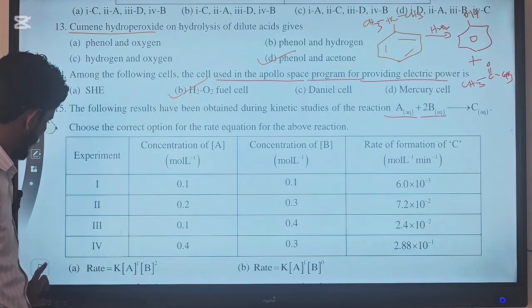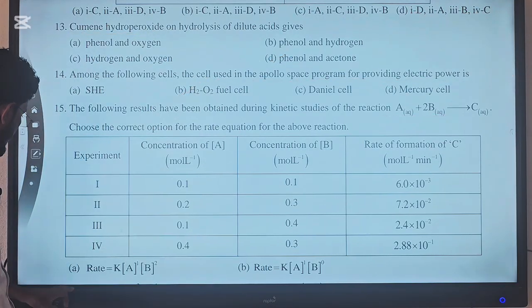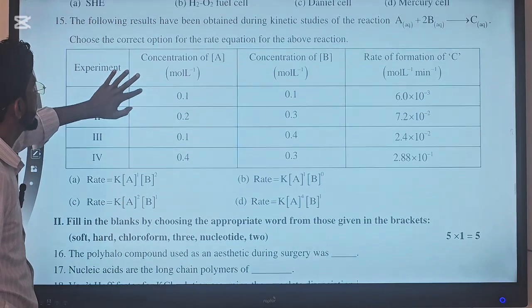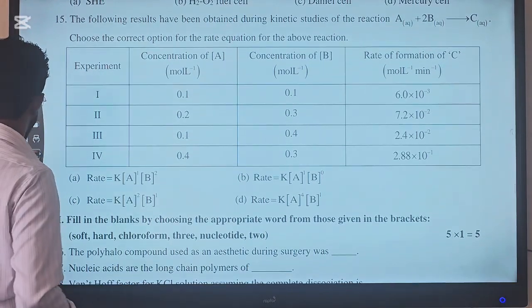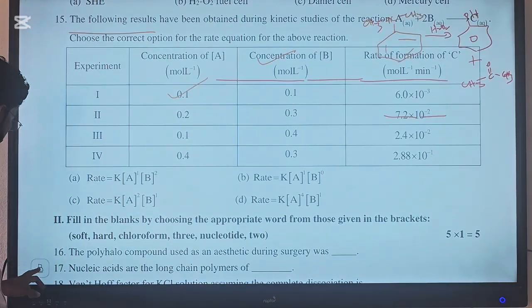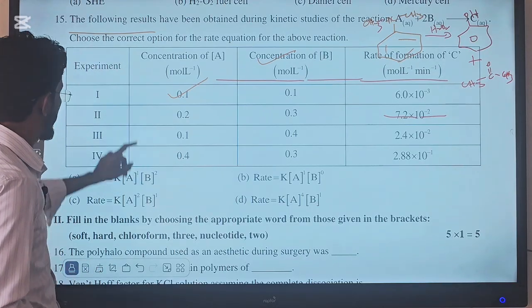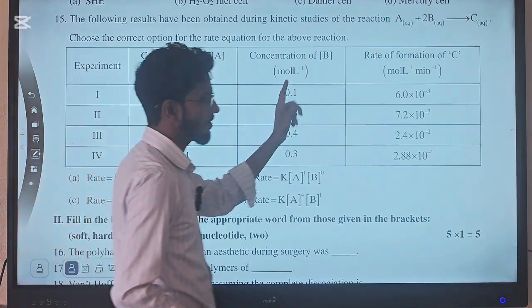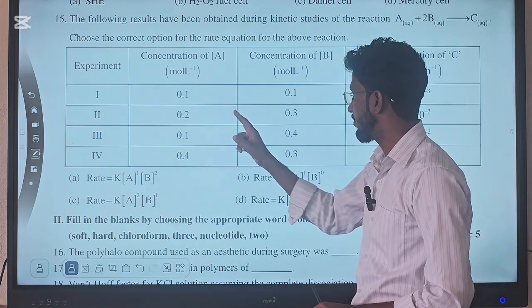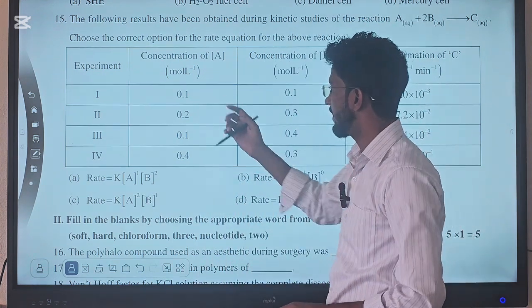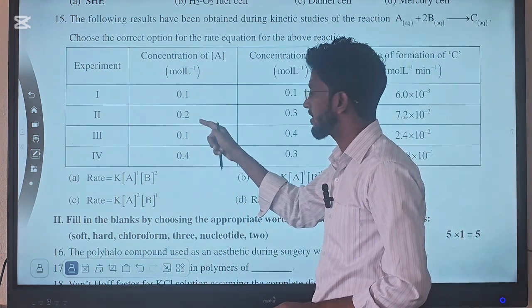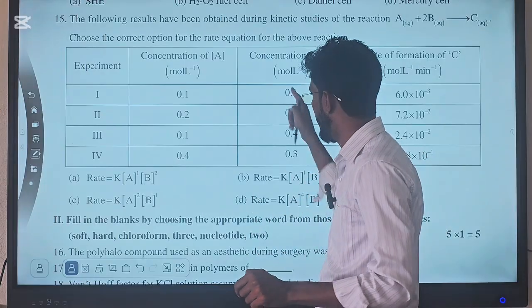Now, how can we solve? See, this is a very simple question if you know how to solve it. If we calculate the order with respect to A, then take the concentration of A different and B same.